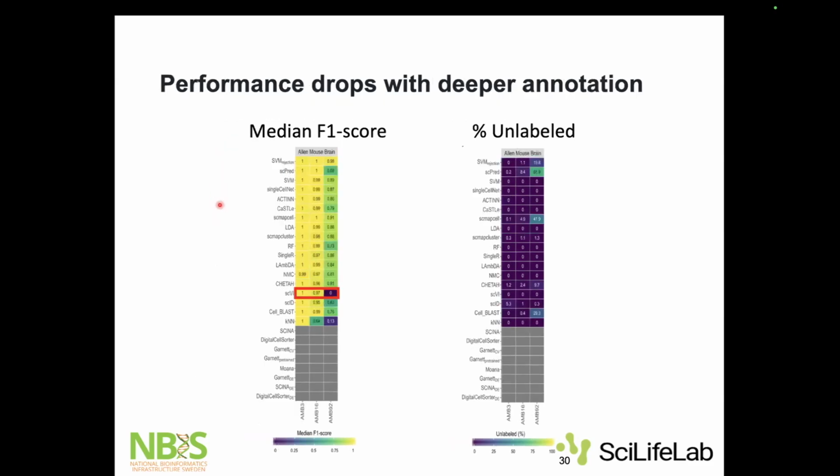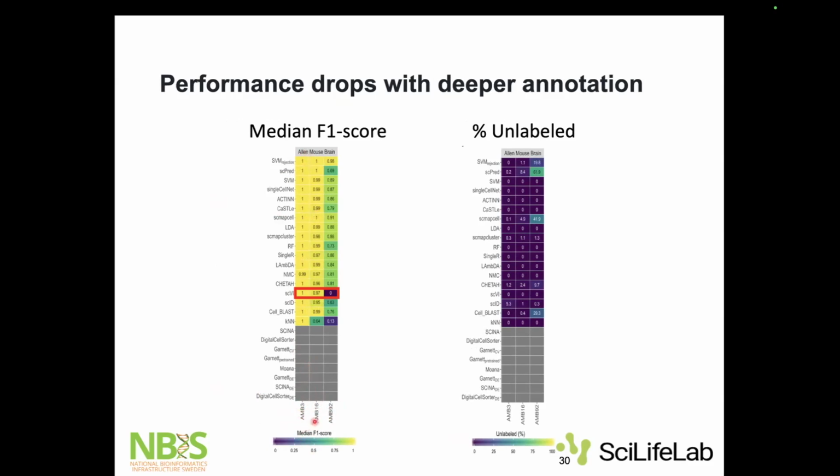Then they used a brain dataset, and they saw that, for example, they have these 3 levels of annotation. They have brain with 3 categories of cell types, and then 16, and then 92. When they have this task of cell type annotation based on only these 3, all these classifiers perform perfectly.